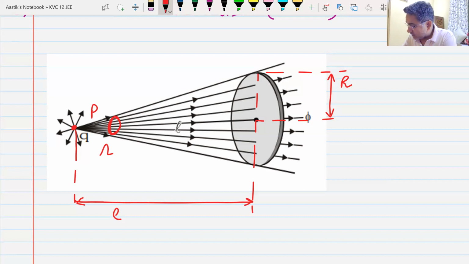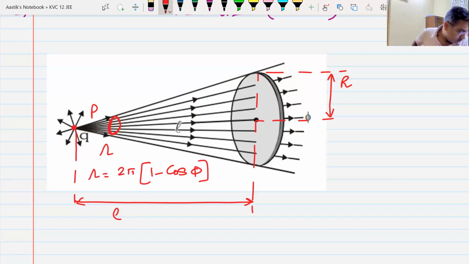You must remember that the solid angle the disk subtends at the apex is 2 pi into (1 minus cos phi). Now you would be wondering, what is this phi?